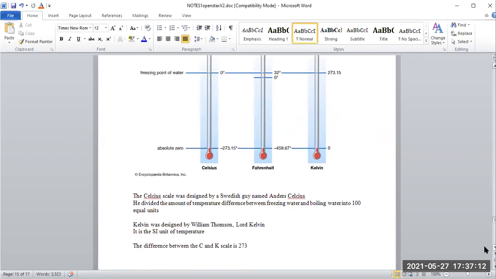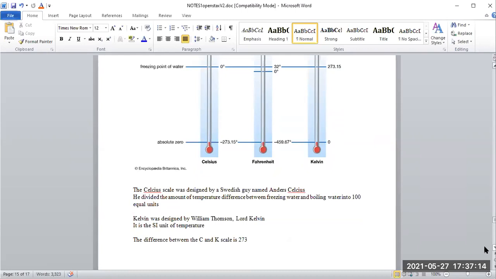Now, Kelvin's another famous dead guy who we will see again later. Kelvin was his title, not his name. His name was William Thomson. And he is the one who the Kelvin scale is named after.